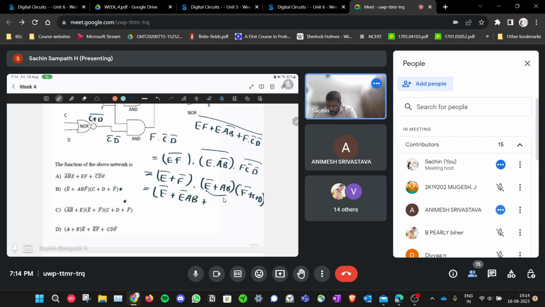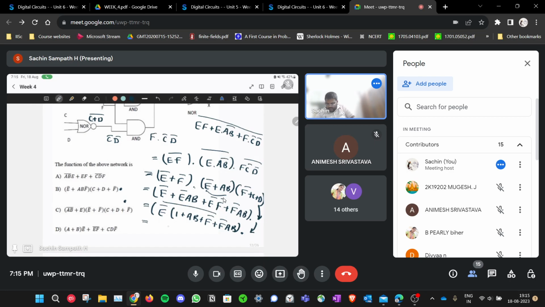So from these three things you can take E bar common. E bar into 1 plus AB plus F bar plus F bar AB, and you have this term here, and here you have this term.